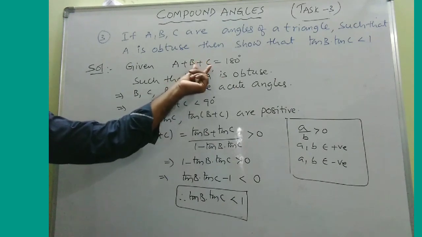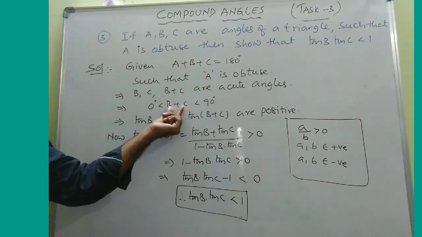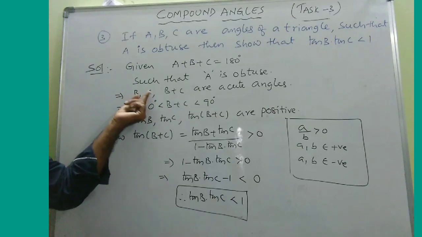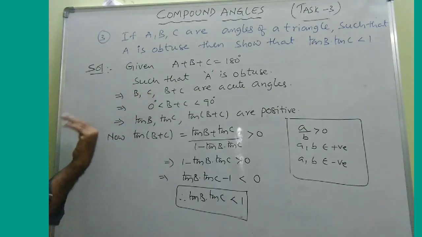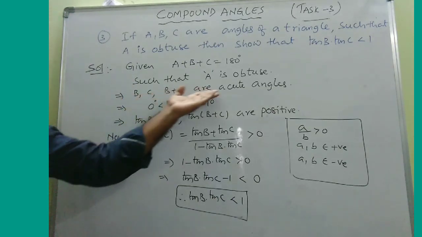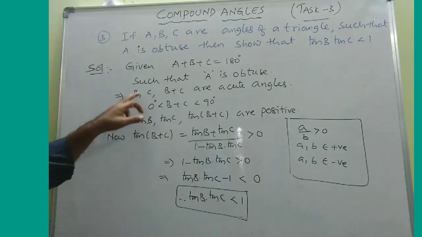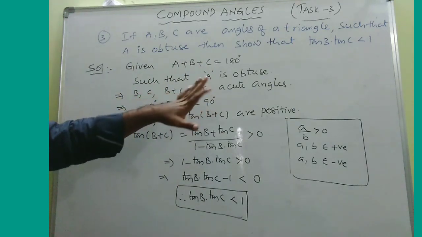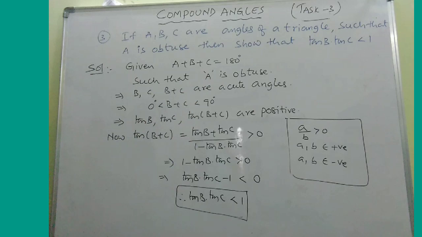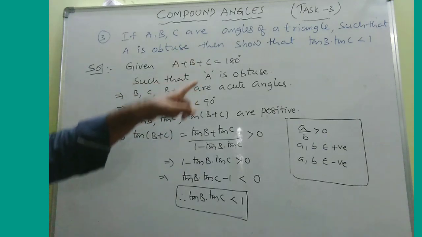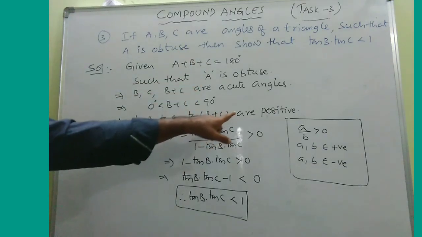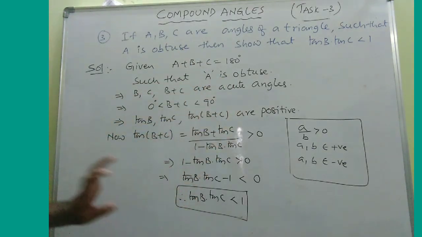If the sum of them is less than 90, individually they are also less than 90, so still smaller than B plus C. So finally they are acute angles. All these acute angles come under the first quadrant, less than 90. In the first quadrant we know that all the trigonometric ratios are positive. But here we are dealing with tan, that's why I mentioned that these are positive. And the rest of it is very simple.